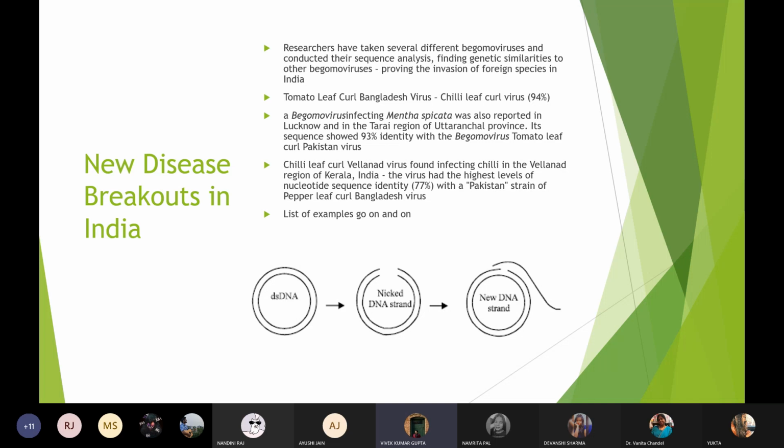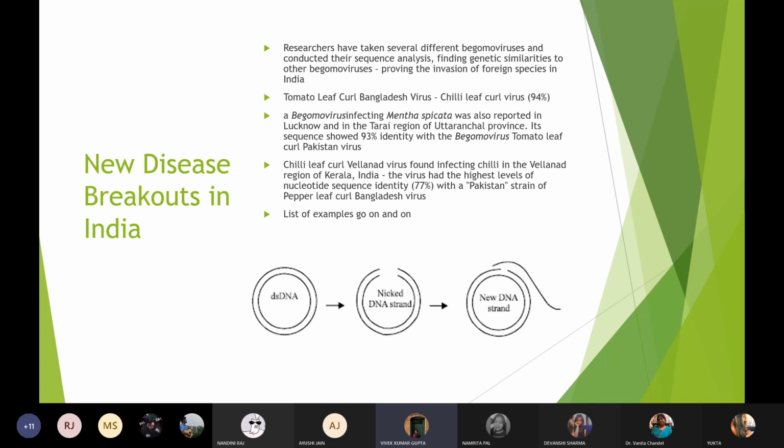As an example, we can see that a variant of tomato leaf curl Bangladesh virus was found infecting Giardia. Analysis using the BLAST program revealed nucleotide sequence identities of 94% with tomato leaf curl Bangladesh virus and 92% with chili leaf curl virus TU.